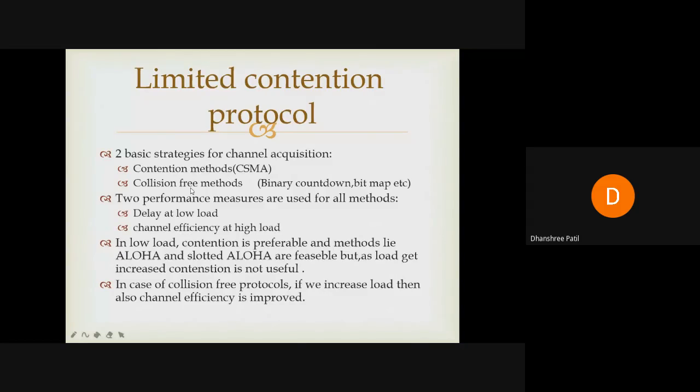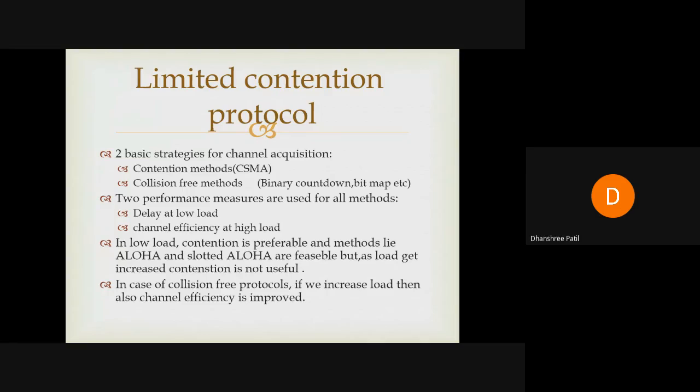But if we consider the performance of these protocols, we come to the conclusion that they are not of use if we increase the load.